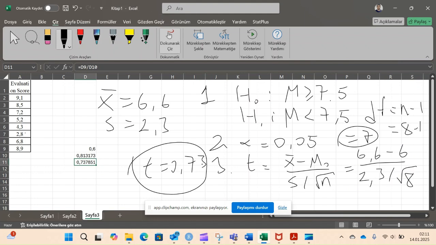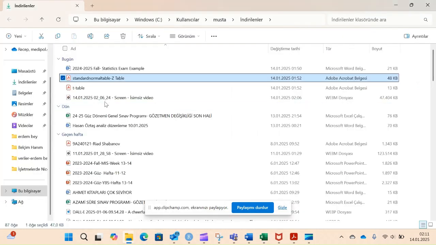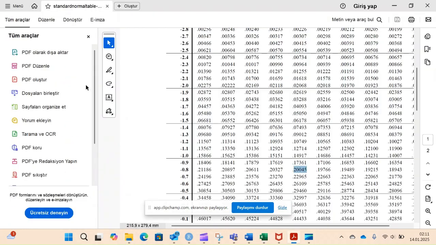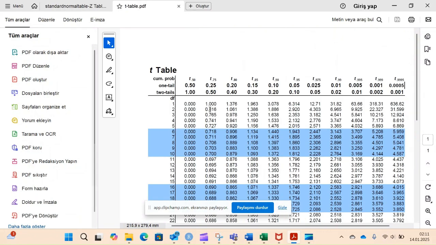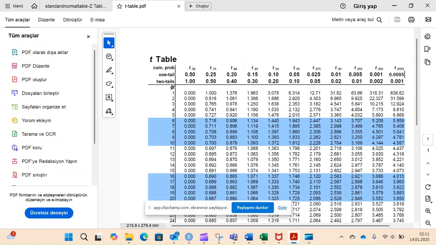We cannot find the exact p-value on the t-table, but we can find that the p-value is between certain values, or higher than 0.05, etc. Here, as we found the degrees of freedom as 7, we will check that row.